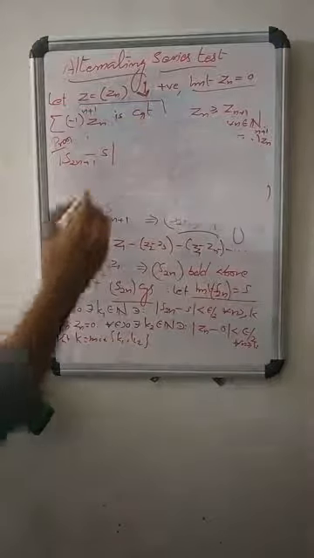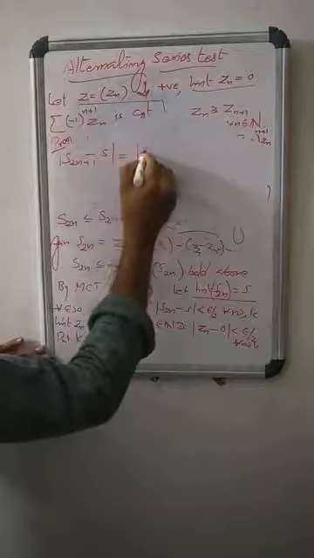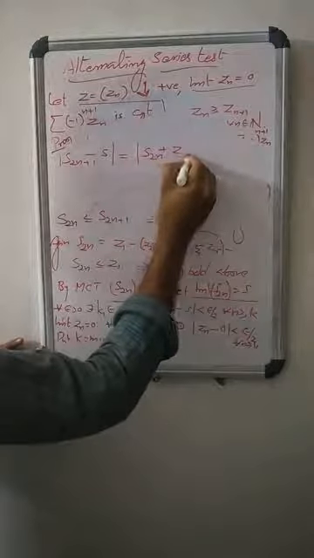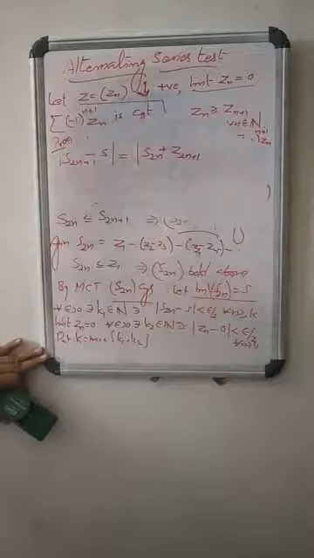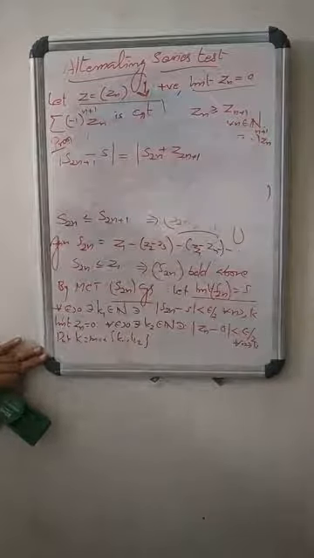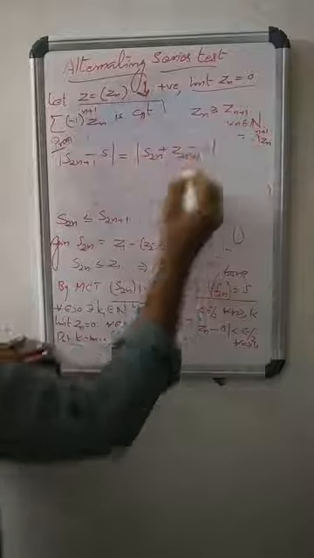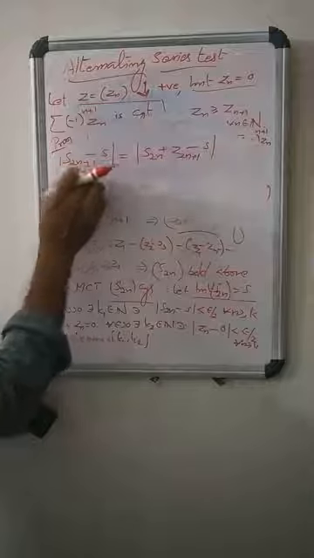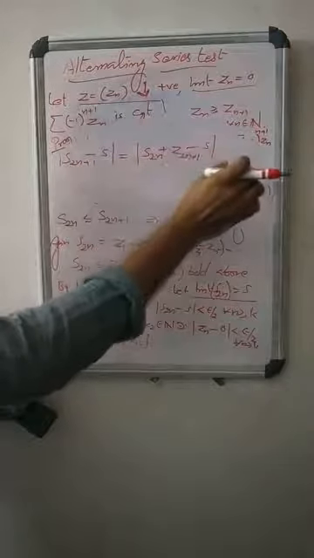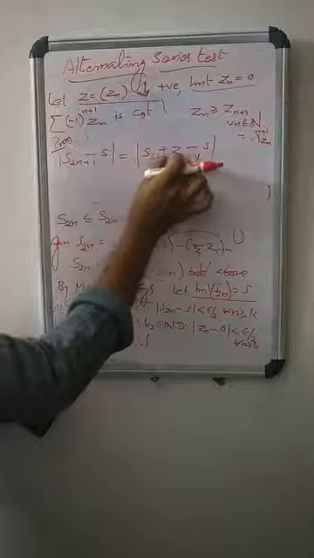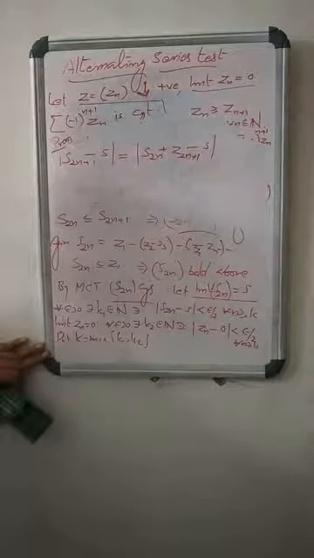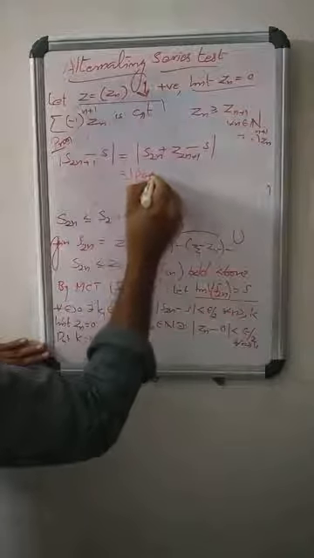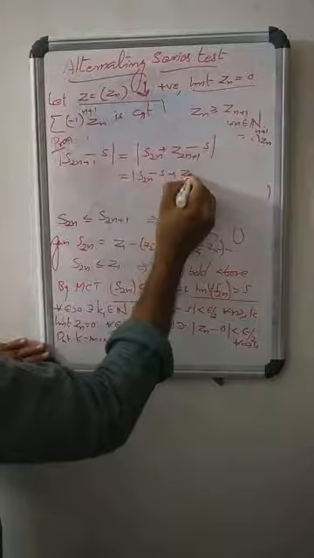What is s_{2n+1}? s_{2n+1} is s_{2n} plus z_{2n+1}, that is z1 minus z2 plus z3 minus z4 and so on, plus that last term. So modulus of s_{2n+1} minus s equals modulus of s_{2n} minus s plus z_{2n+1}.